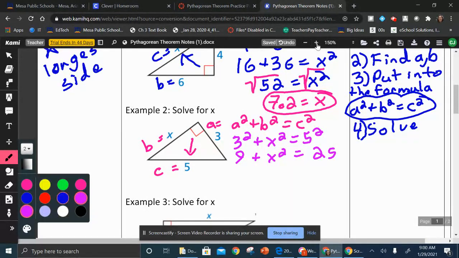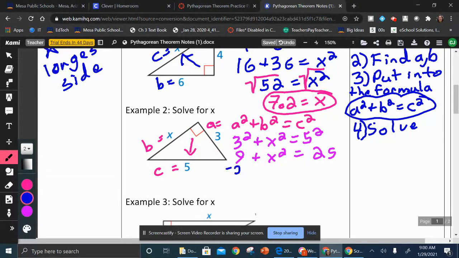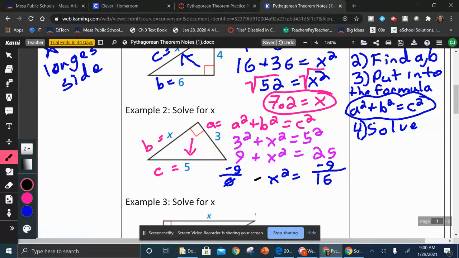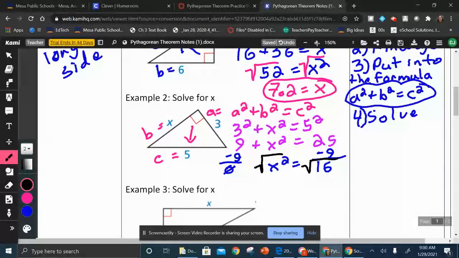And then I'm going to subtract, okay, because I want to get the numbers all on one side and the x on this side by itself. So we get x squared is equal to 16. Okay, and then of course, everybody, we're going to take the square root. Okay, so square root of 16 is 4. So x is equal to 4.